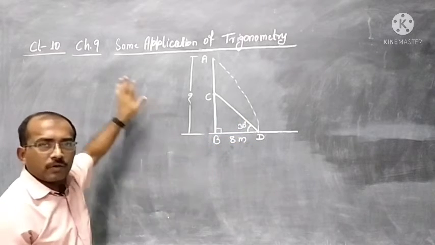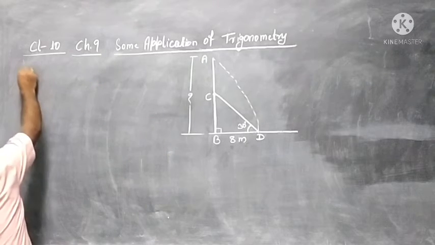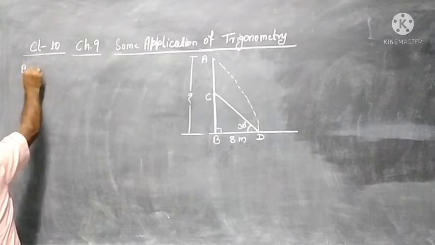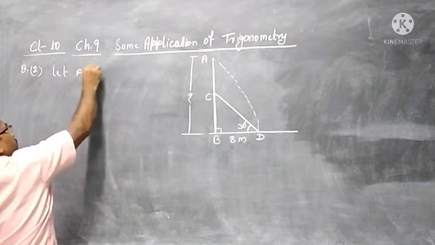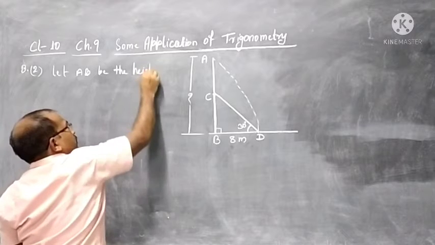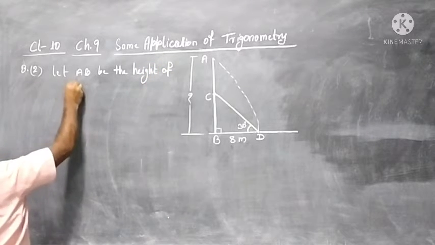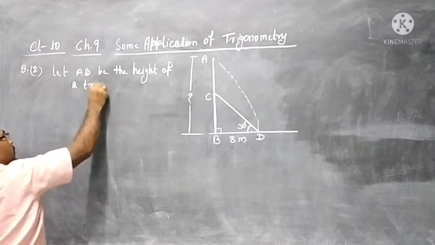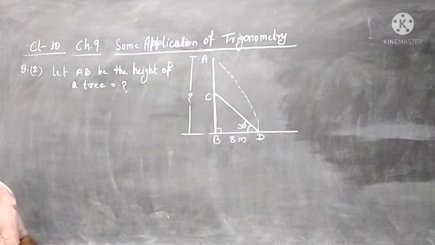So, let us now write down the introduction first. What has happened here? Question number B2 it is. So, first of all, let AB be the height of a tree, and this we need to find. Now, what happens?